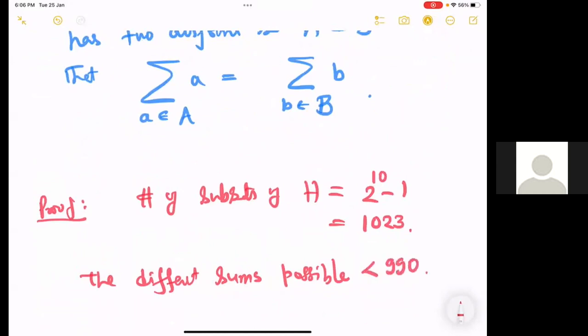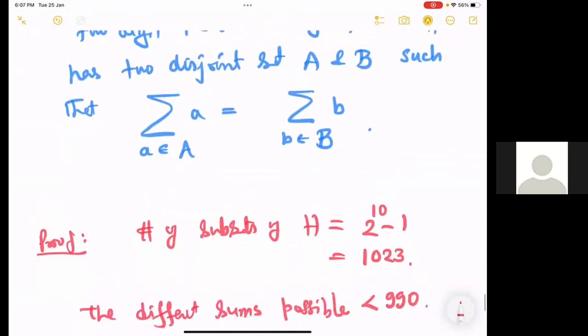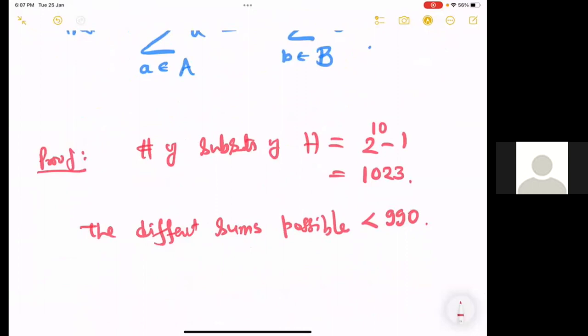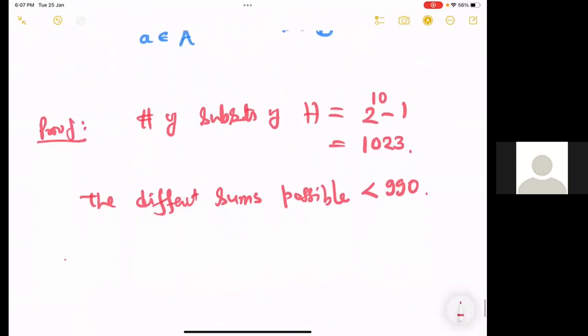I'm lazy and putting a loose bound, right? 996. Because the maximum number would be 99 and I just multiply it with 10. It could be even better than that, but I don't care for it. So then there exist two sets A and B such that the sum is the same. Was that your argument, Ayan?